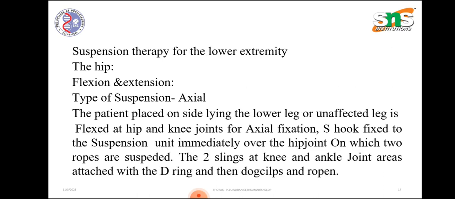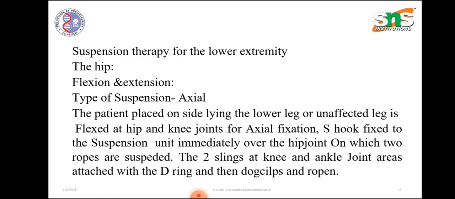Suspension therapy for the extremity: hip joint flexion and extension movement. How to produce it with axial suspension. The patient is in supine lying. The unaffected leg is flexed at the hip and knee joint. Then the S hook is fixed to the suspension unit directly above the hip joint.